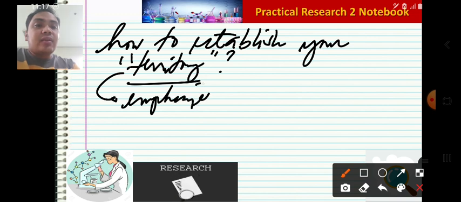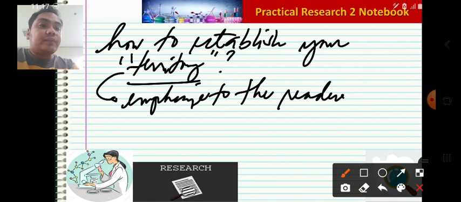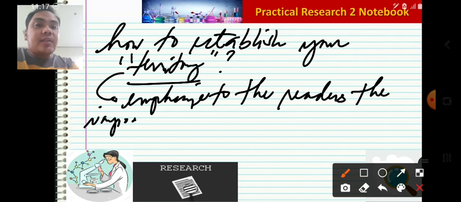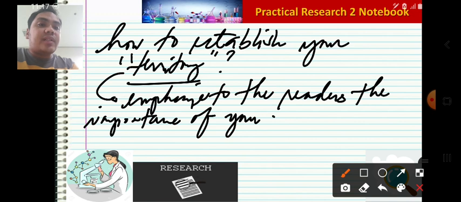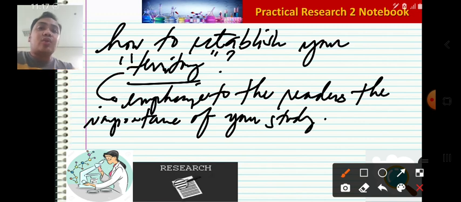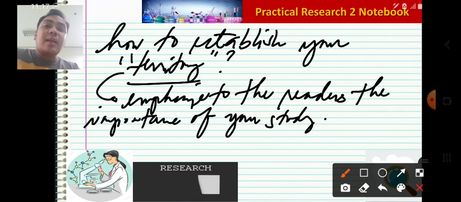Emphasize to the readers the importance of your study. There will be a brief discussion on how to discuss the importance of your study. That is one way for you to establish your territory: emphasize to the readers the importance of your study, of your research topic.